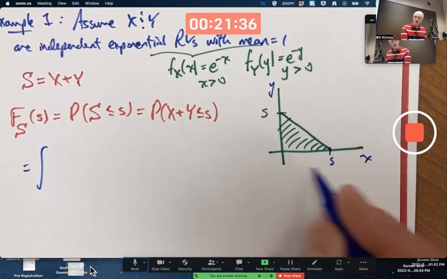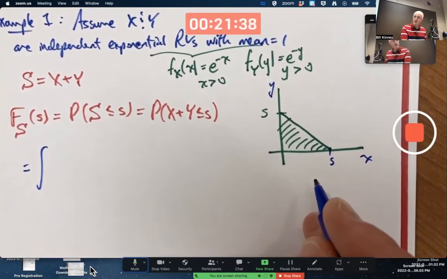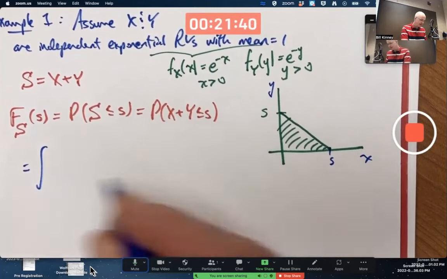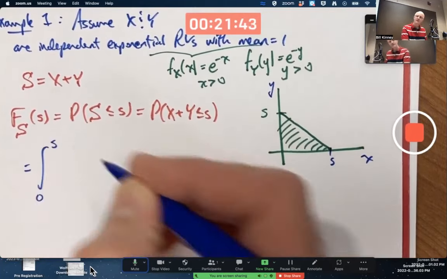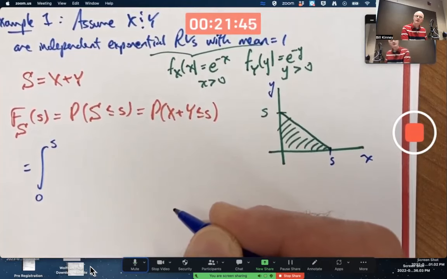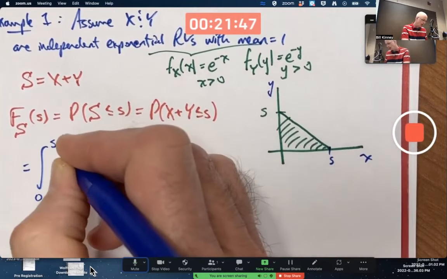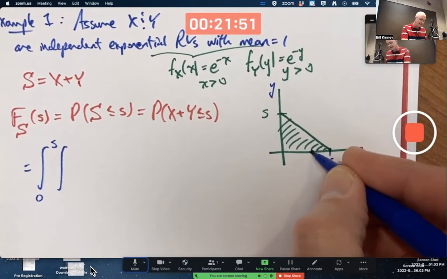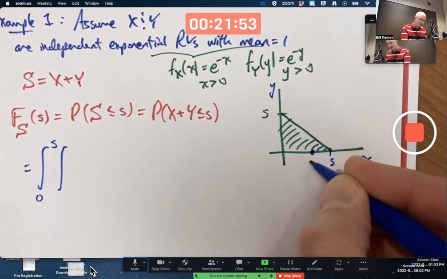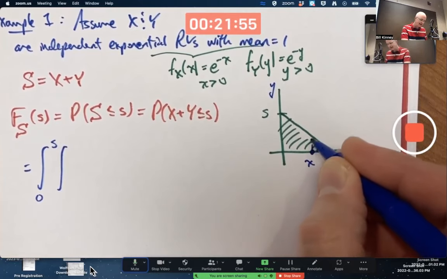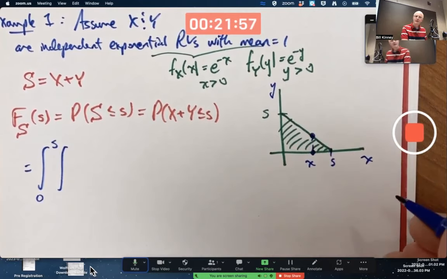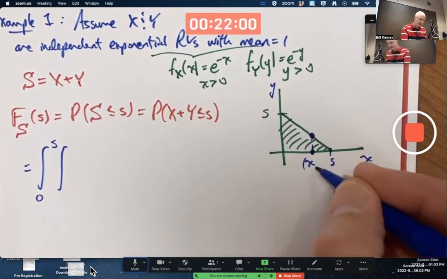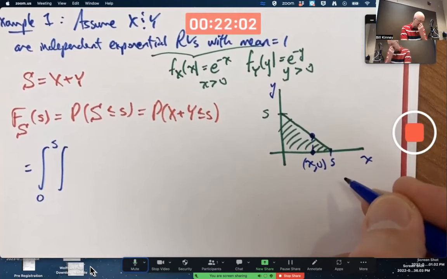x is going to go between two fixed numbers. And when you look at this picture, you want to think of s as fixed. So x is going to go from 0 to s. y, for any given x, goes from the second coordinate of this point to the second coordinate of that point. This point has coordinates x, 0; its second coordinate is 0.